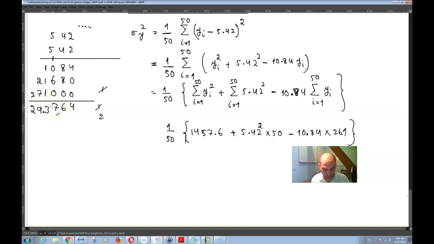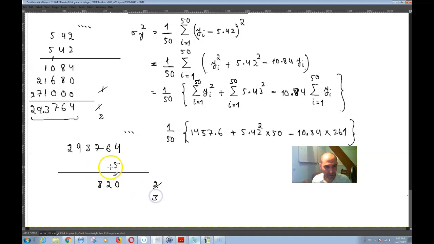So 5.42 squared is equal to 29.3764. And if I multiply this number by 50, 293764 multiplied by 5, so I have a 0 over there, and I have 4 decimal places, so I get 3 decimal places. 5 times 4 is equal to 20, 22, 32, 3. 5 times 7 is equal to 35, 38, 3. 5 times 3 is equal to 15, 18, 1. 5 times 9 is equal to 45, 46, 4.